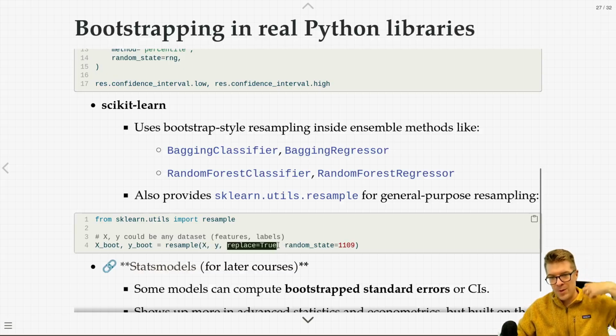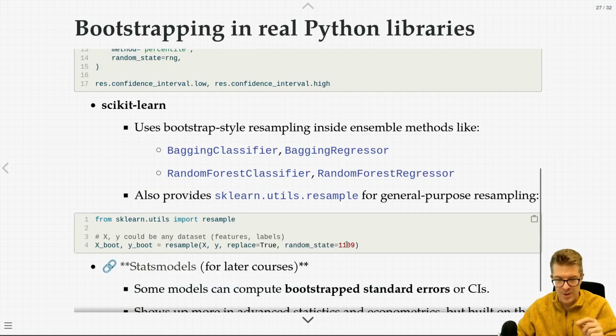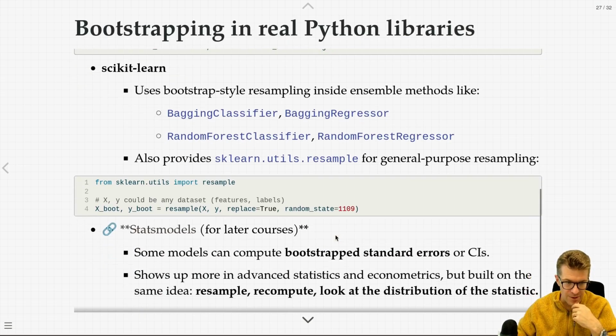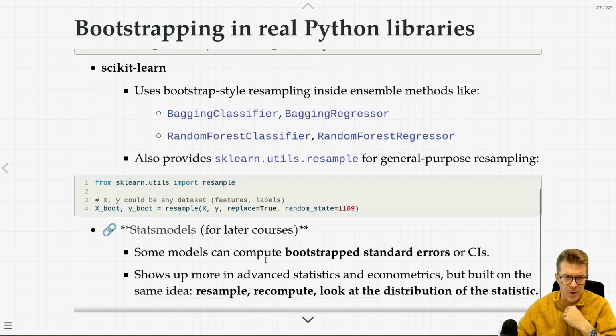So again, you sample them once, you put them back, so you can potentially sample the same data points again and again. You provide a random state, a random initial seed for your random number generation, and everything is as you'd expect. Statsmodels is yet another package that you can use to compute bootstrapping, standard errors, confidence intervals, but quite frankly, SciPy and scikit-learn are much more popular libraries for data science and machine learning.